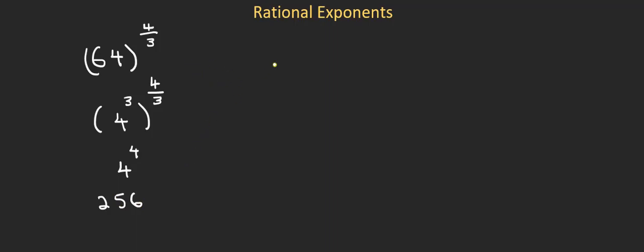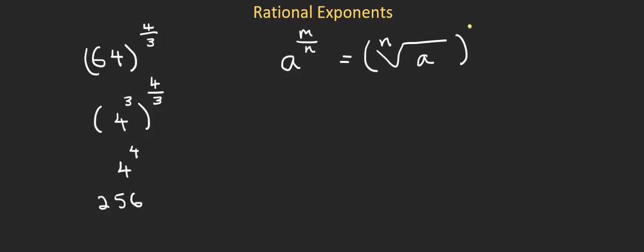Now another way of doing it is, remember how we could rewrite a rational exponent using radicals? If you recall, a to the m over n is the same thing as the nth root of a, the whole quantity to the power of m.